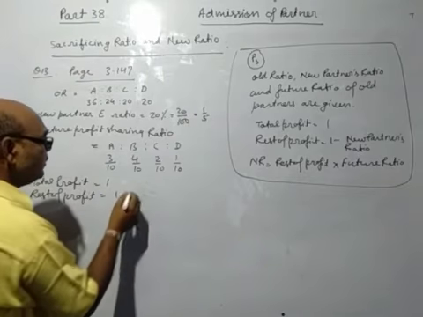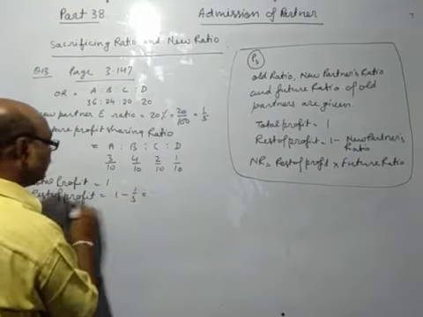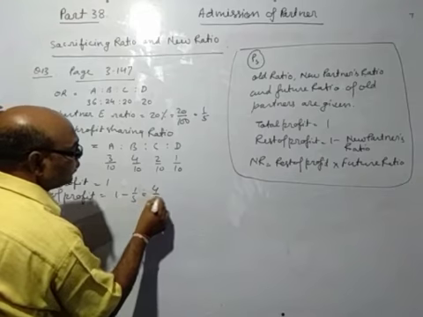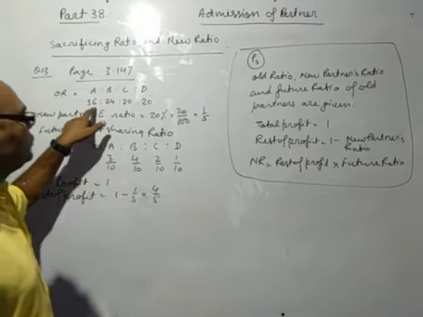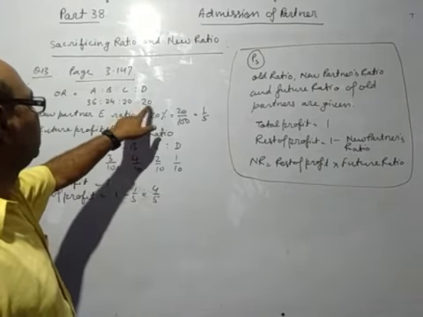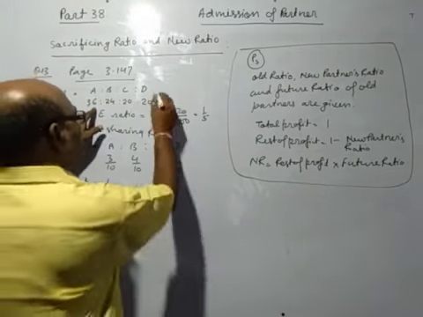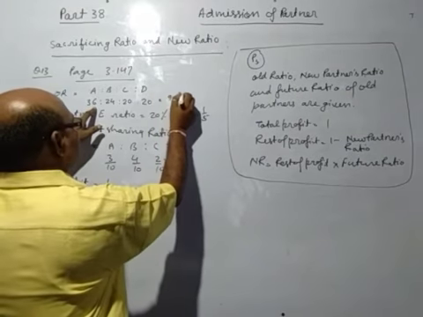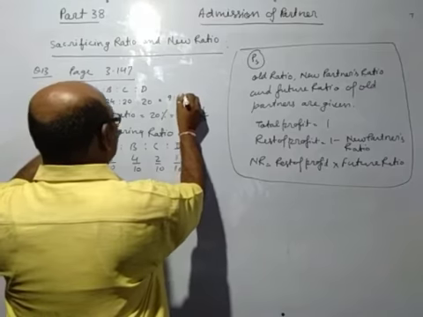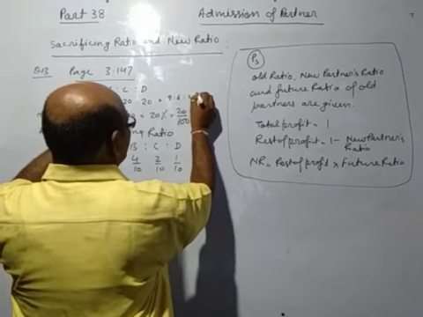So rest of profit will come 4 by 5. Here also, if you want to reduce this one, they will be divisible by 4. So 4 9s are 36, 4 6s are 24, 4 5s are 20, 4 5s are 20.